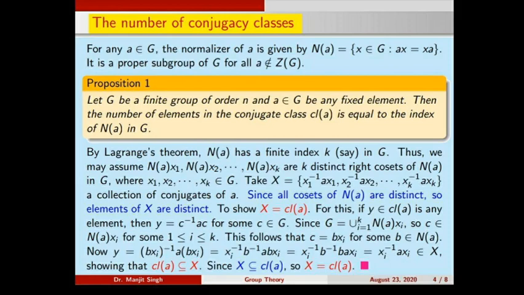If we take the conjugate element the other way, like c a c inverse, then we would assume left cosets. So this should be noted. We are considering right cosets because of the definition of the conjugate element. Okay, now we have considered k right cosets: N(a)x1, N(a)x2, up to N(a)xk.